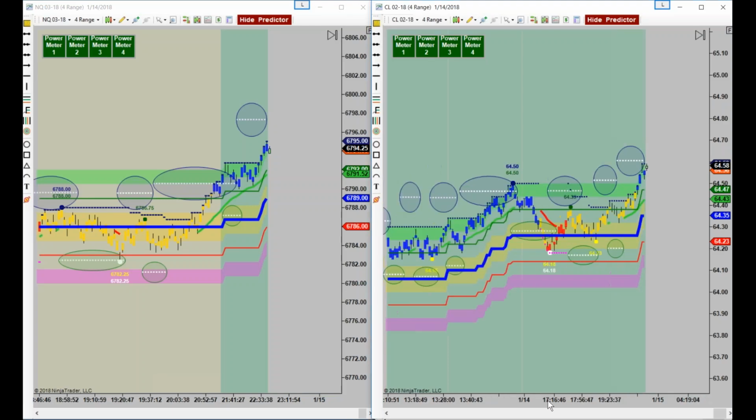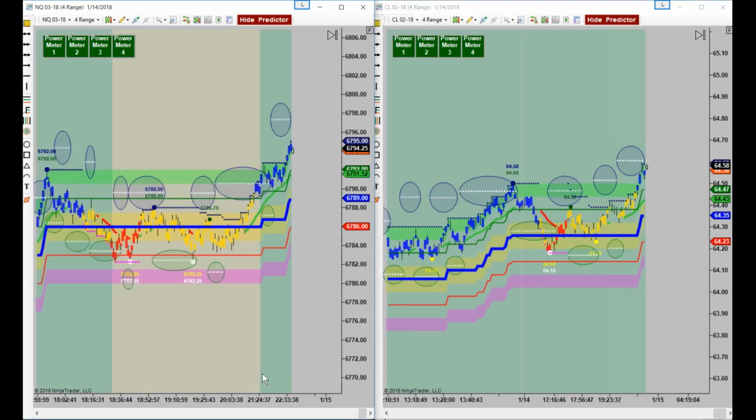What I did is I just put up a couple of charts. This is actually NQ and CL. Bear with me a second. I'm going to go ahead and put up another NQ chart because I want you to see something here. And we're going to talk about some of those KISS trades.